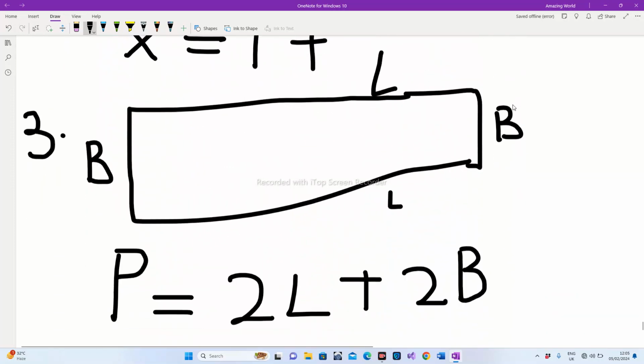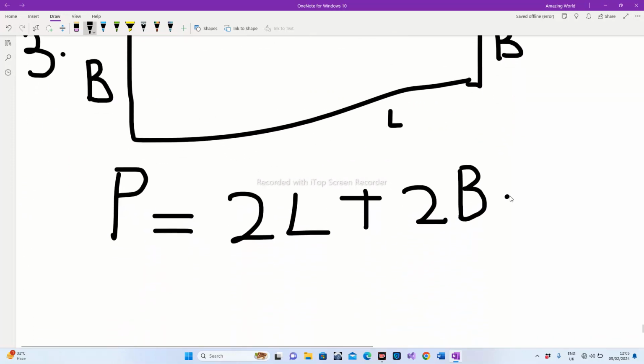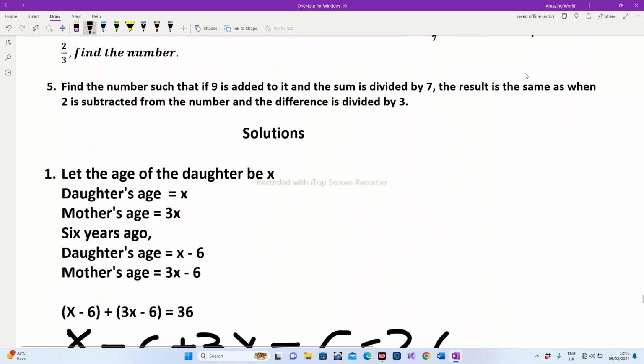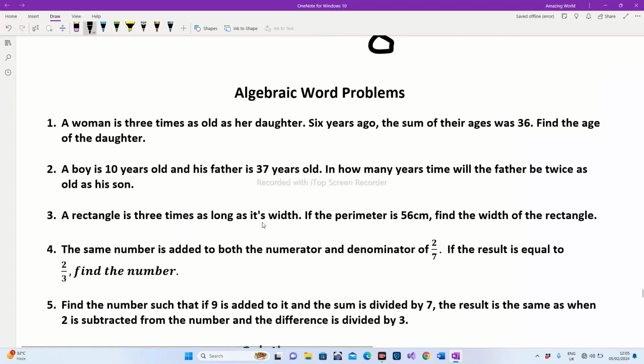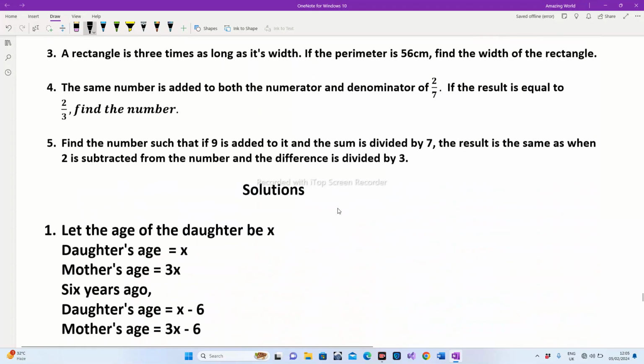And then we can call this our equation 1. Now we have been told in the question that the length of the rectangle is 3 times as long as its width. That means the length is 3 times as long as the width, and the perimeter is 56 centimeters.